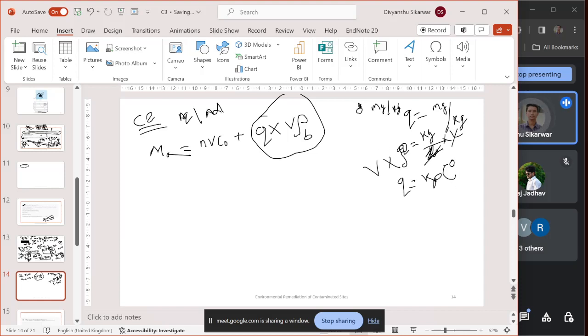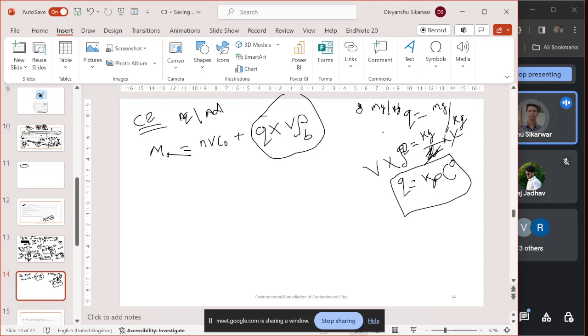Majorly, the contaminant is adsorbed on soil particles, and when water comes in contact with soil particles, some of the contaminant comes into groundwater. So it happens on the basis of this formula, right?